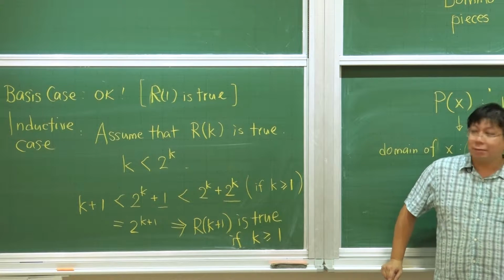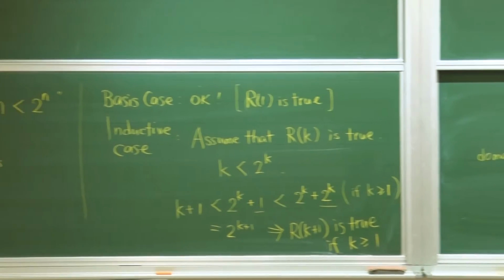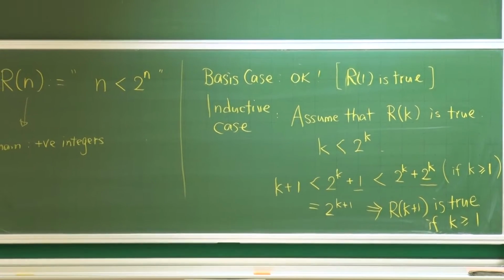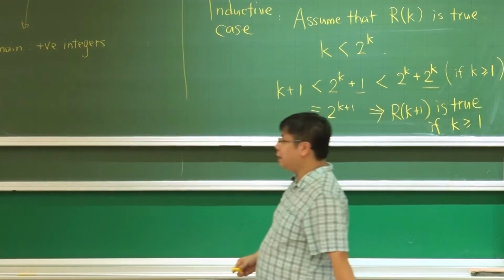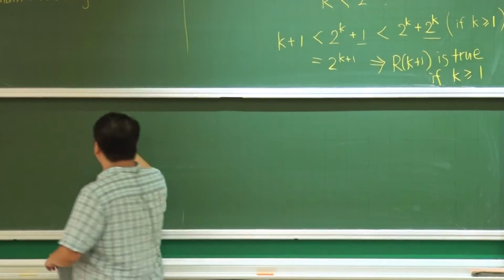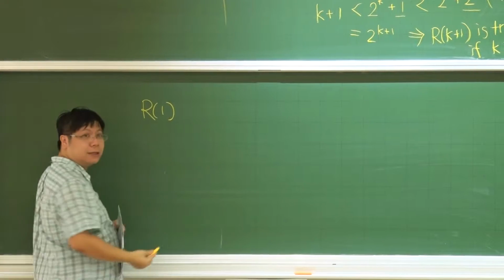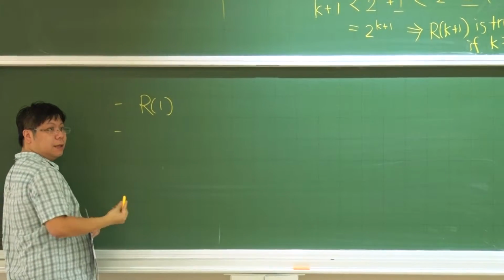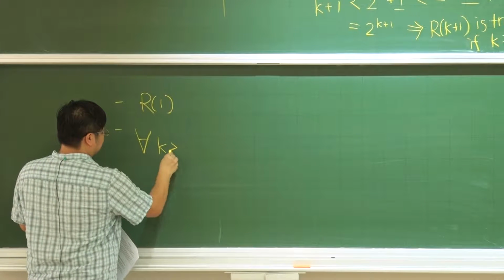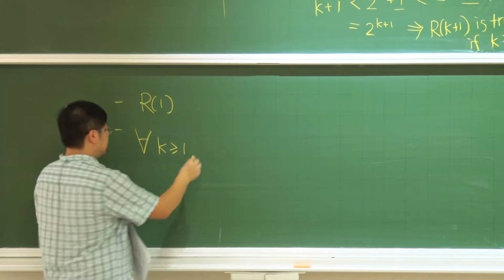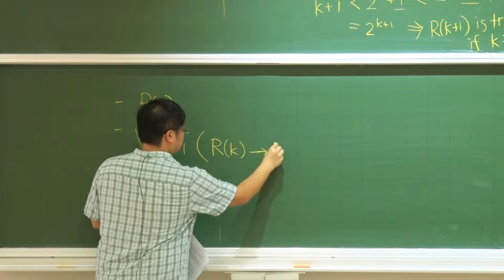This is a little bit different from the previous one. So let's take a look at what we have proven and whether it is still working. We now know that R(1) is okay, and we also know that for all k greater than or equal to 1, R(k) implies R(k+1).